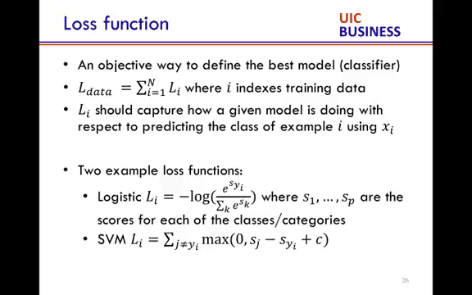So you can see that if I give a high score to the dog, and it's actually a dog example, and everything else is low scored, then max of 0 and a negative number, the loss for this example of how my classifier is doing is 0.